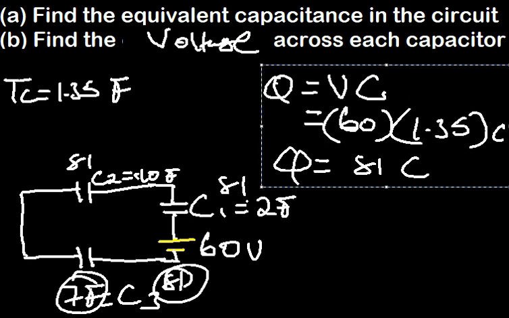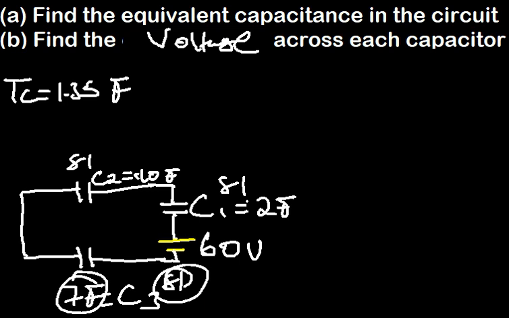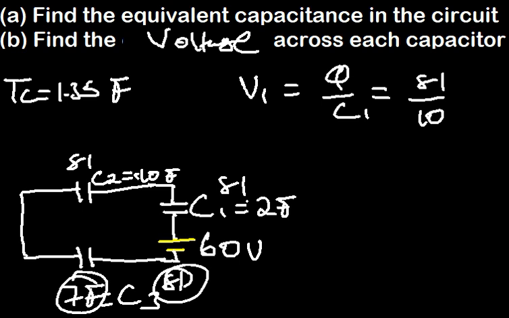In that case, the voltage across capacitor 1 will be the charge divided by capacitor 1. That is 81 divided by 10, which is 8.1 volts.